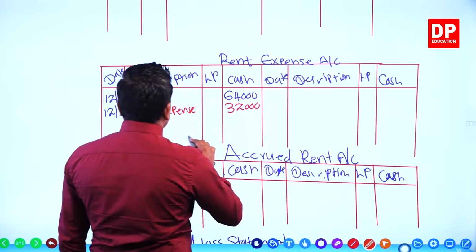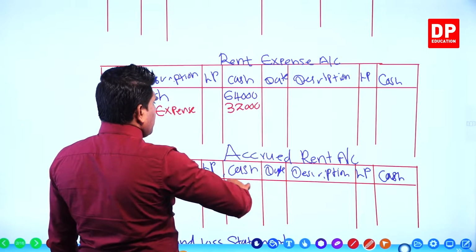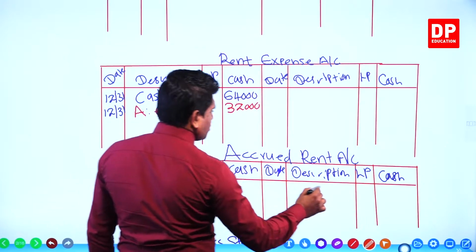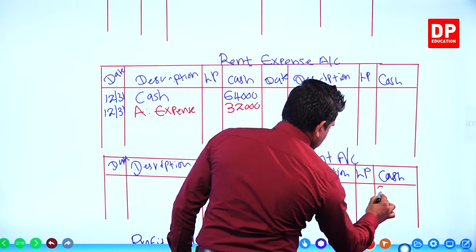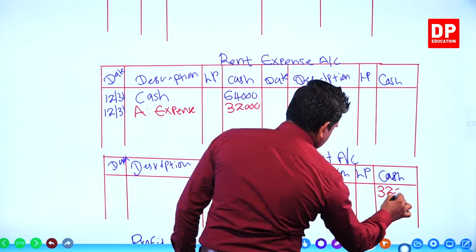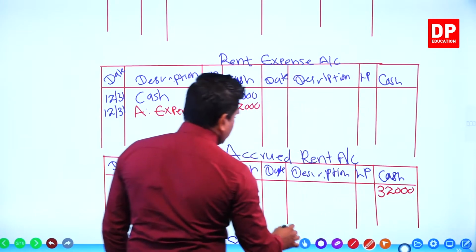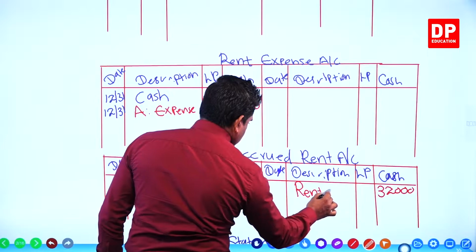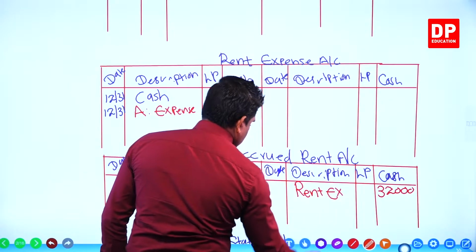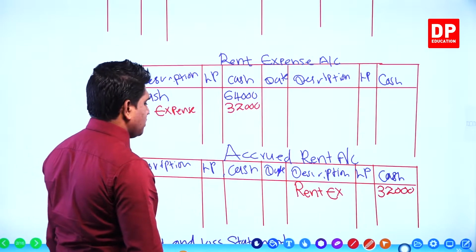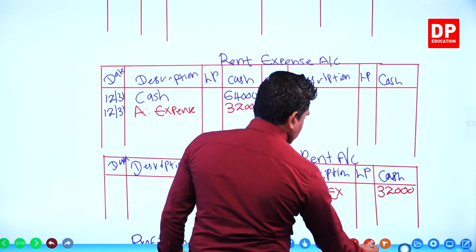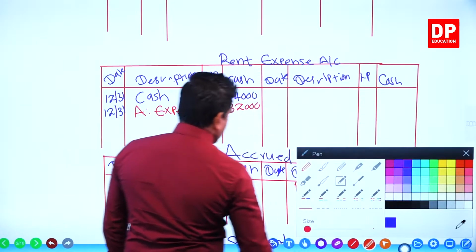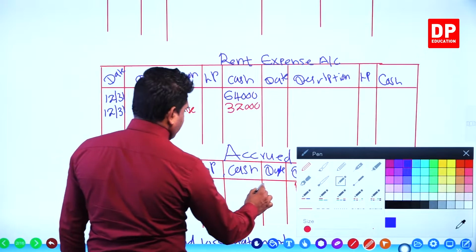Then the accrued rent expense account goes to the credit side, how much? 32,000. There you write rent expense, right? Put the same date, 12/31.